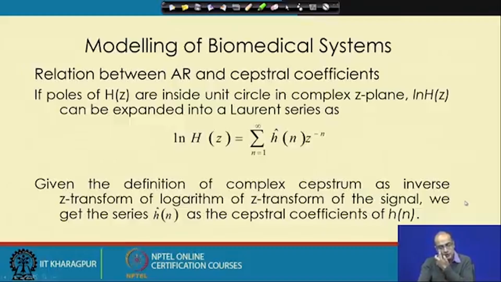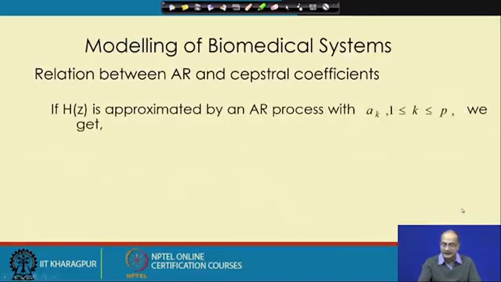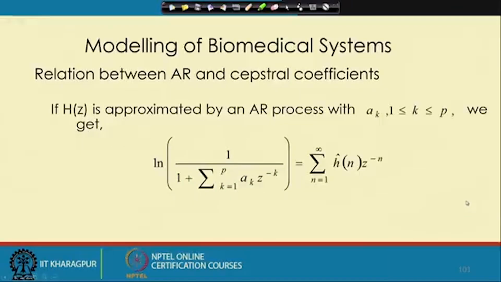Okay. So, we could get the cepstral coefficients in this way, and let us see, if we take the AR model represented by the model coefficients a k for k equal to 1 to p, what is the relationship between them?